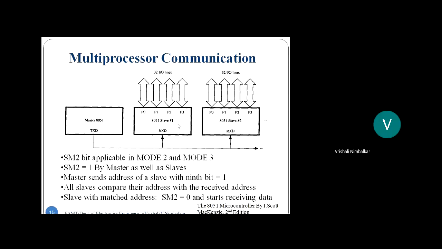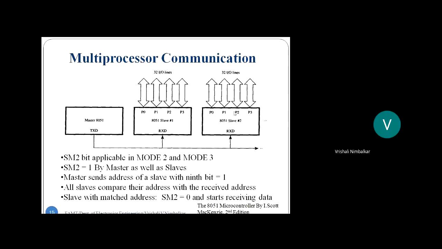The third step is that whichever slave matches the address the master has sent, if that address matches with that particular slave, then that slave will clear its SM2 bit. On address matching, that particular slave will clear its own SM2 bit, and then the master will automatically start sending data bytes. Initially the address was sent, the particular slave got activated, that slave cleared its SM2 bit, and now the master started sending the data bits.